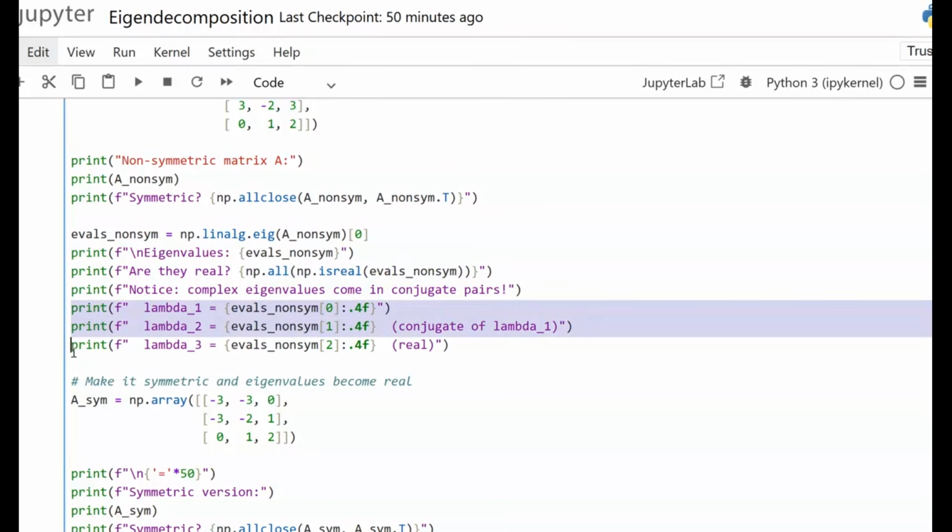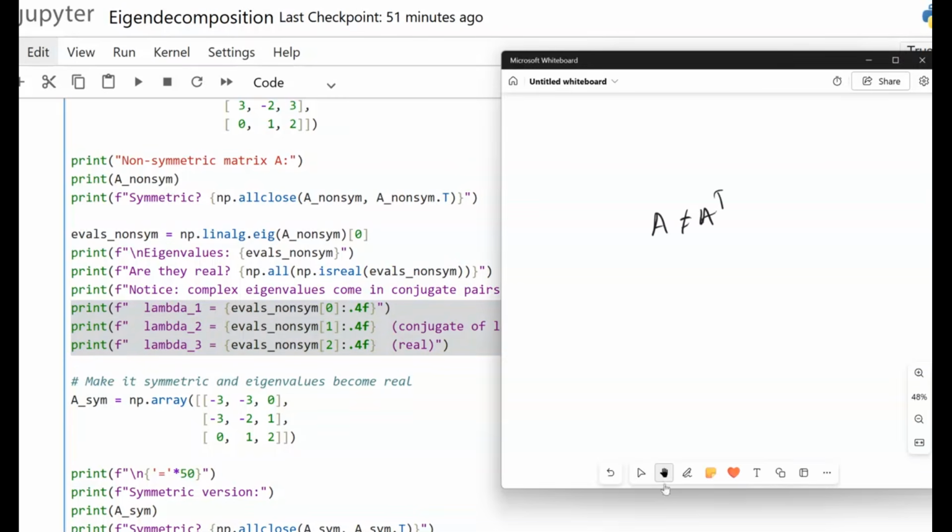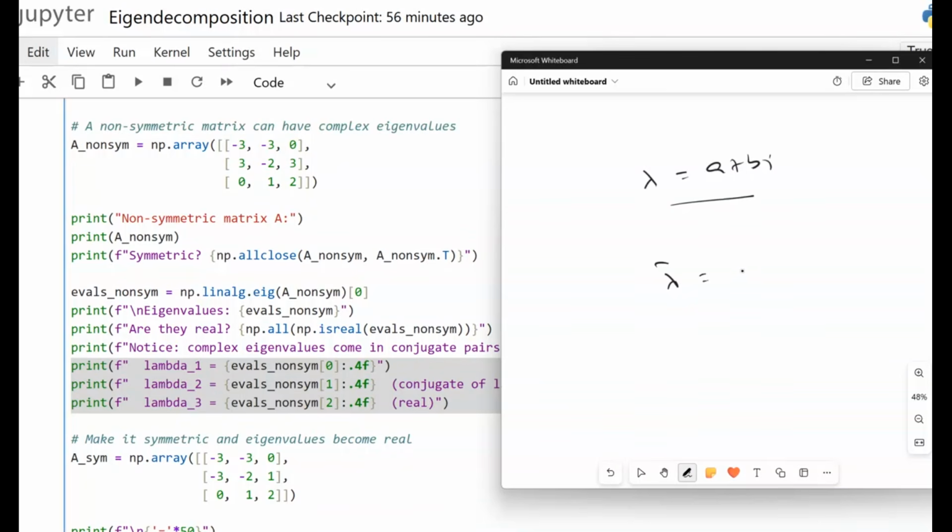And here we have the complex conjugate pairs. For a real-valued matrix, complex eigenvalues must appear in conjugate pairs. If lambda equal to a plus bi is an eigenvalue, then lambda bar equal to a minus bi is also an eigenvalue. This arises because the characteristic polynomial has real coefficients.